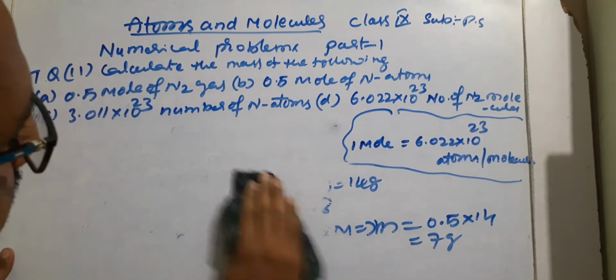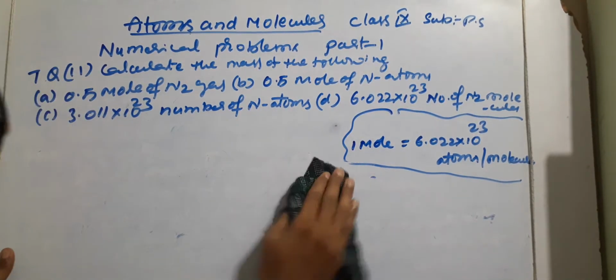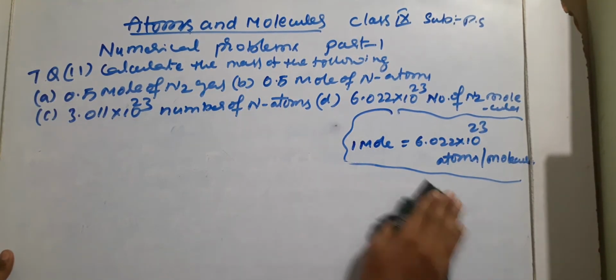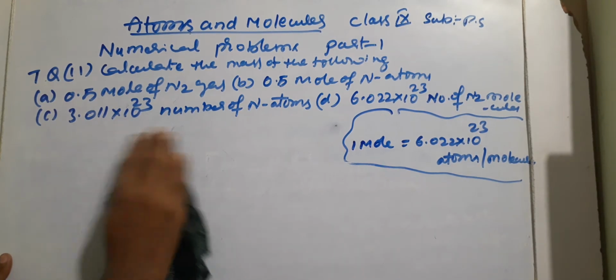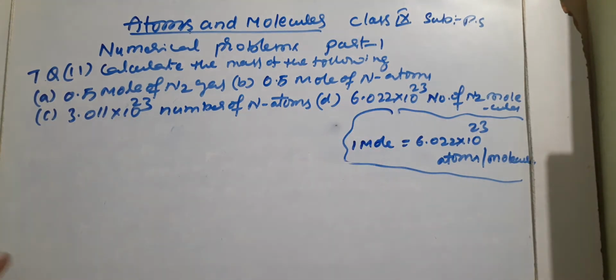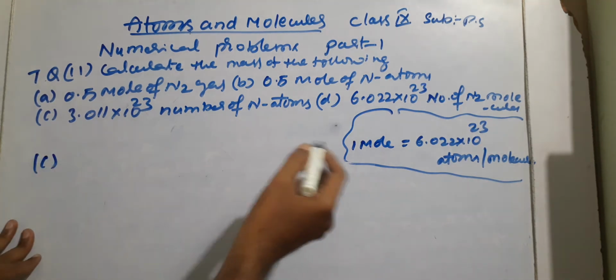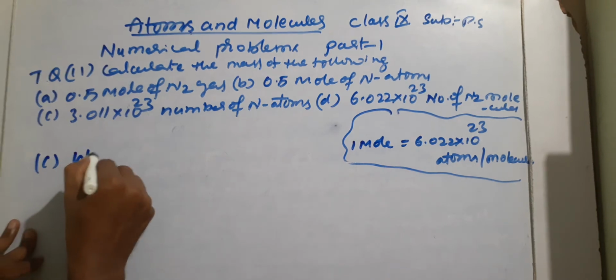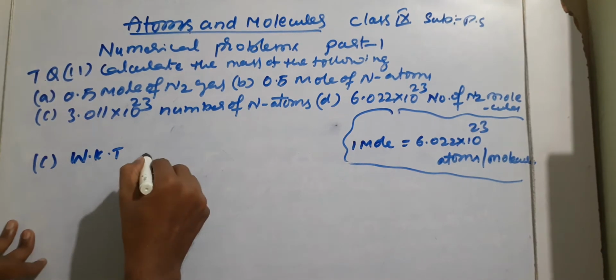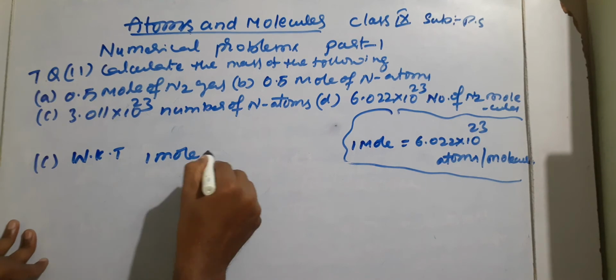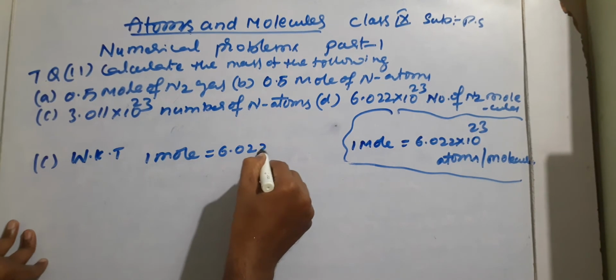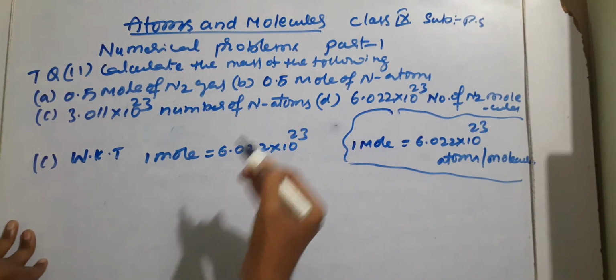From C and D we can see one thing: here the number of moles is not given, only the number of particles is present in the given problem. So here we want to remember one thing in problem number C. We know that 1 mole is equal to 6.022 into 10 power 23.